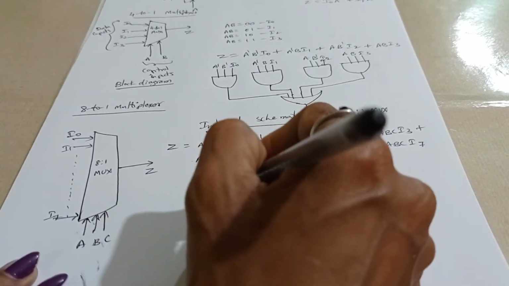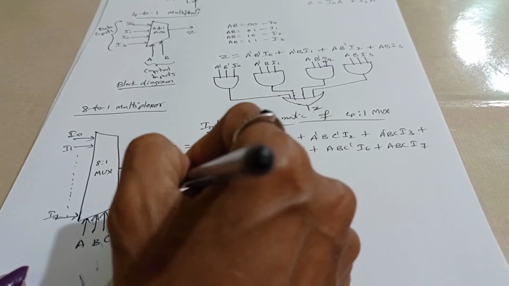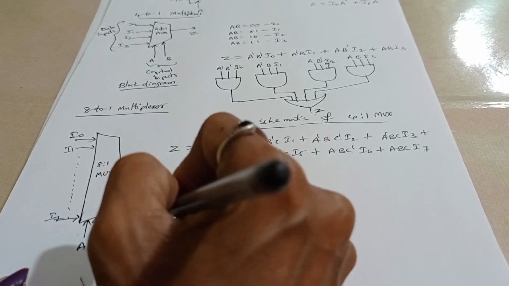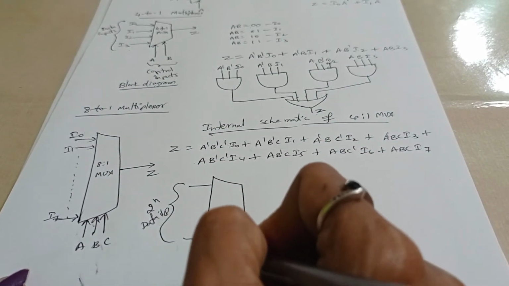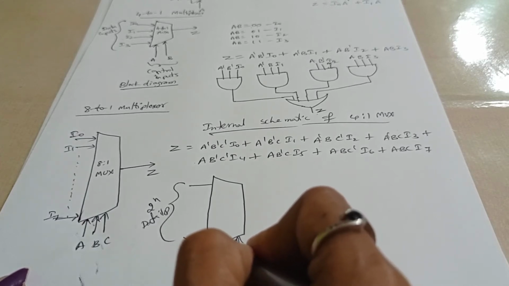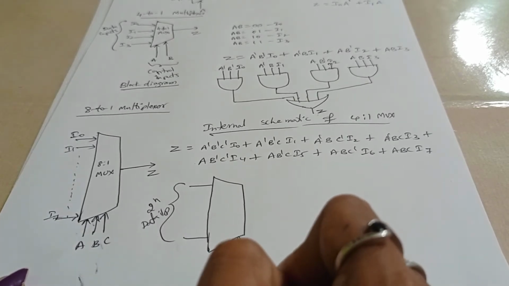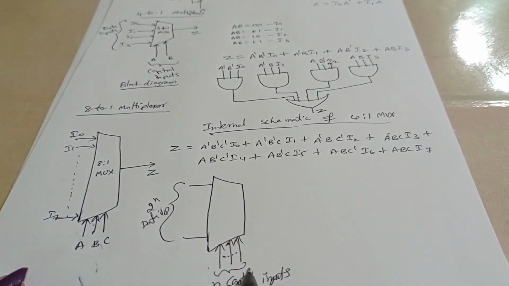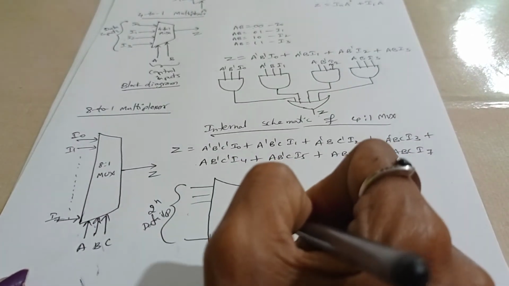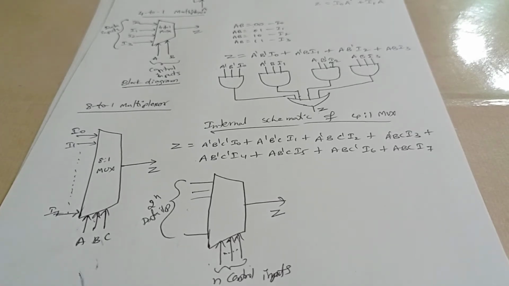The block diagram for this is, that is, you can have 2 power n data inputs and here control inputs, that is n control inputs. For n control inputs, 2 power n data inputs, and Z is the one output line. This is for n number of inputs.